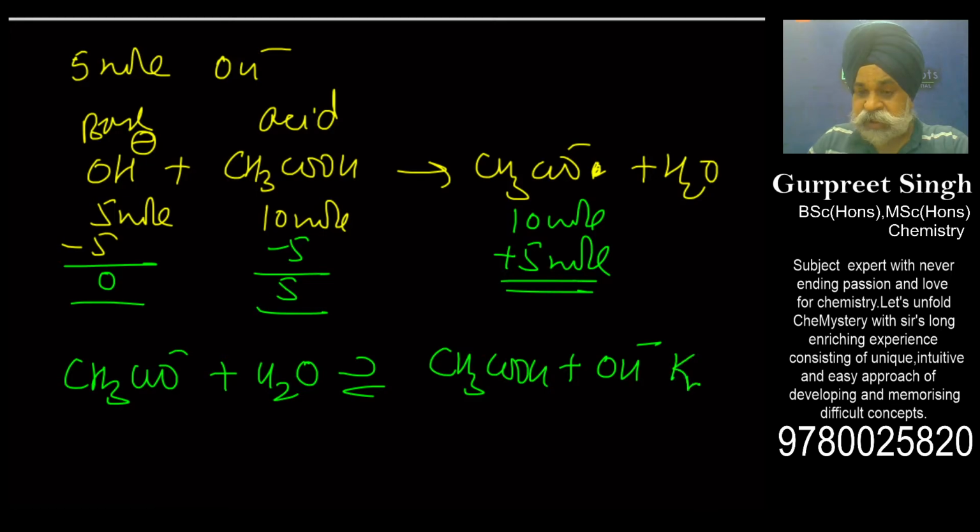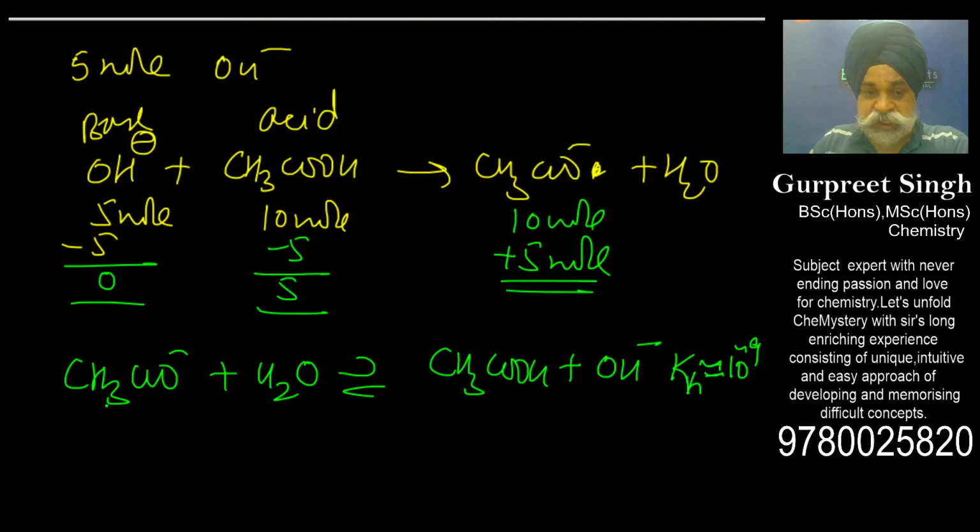This KH is called the hydrolysis constant of this anion. KH is of the order of almost 10 raised to the power minus 8 or minus 9. In this range, the KH value of acetate ion lies. So what does it mean?